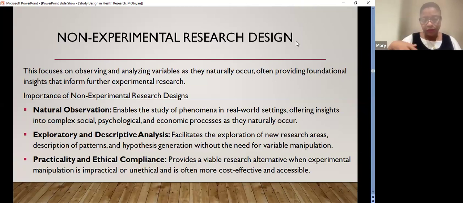That could be a new study. Maybe it's been done before, but now you want to go to a different setting entirely to conduct that study. So it's something new, or just to advance existing knowledge. Also, it's important because of practicality and ethical compliance. I've explained this before. Next slide.